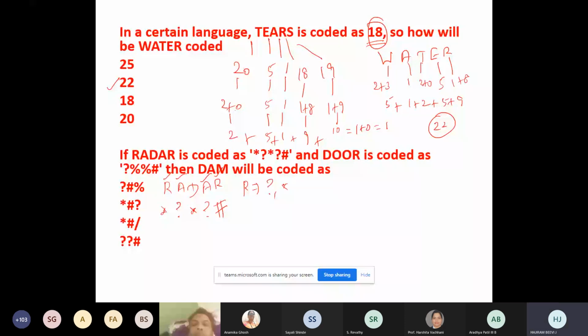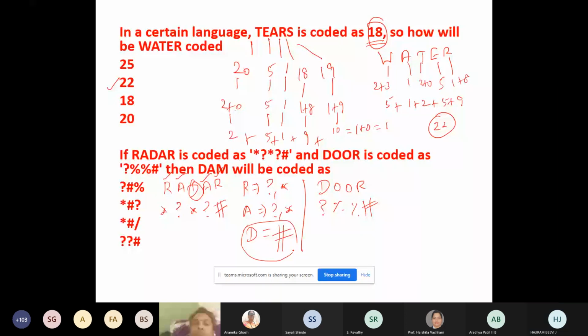So the remaining is D, which means D is hash here. Then in the second one, door, the equivalent coding is question mark, percentage, percentage, then hash. We already confirmed the D value, it is hash. So here also we confirm that.